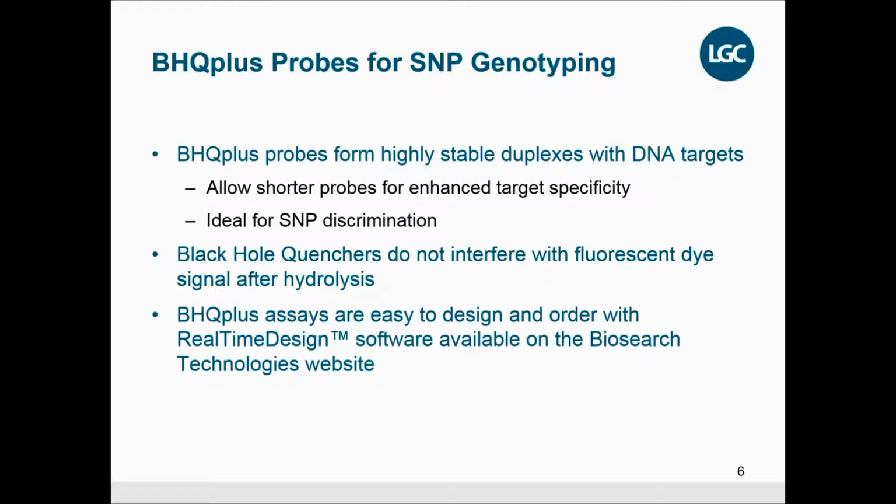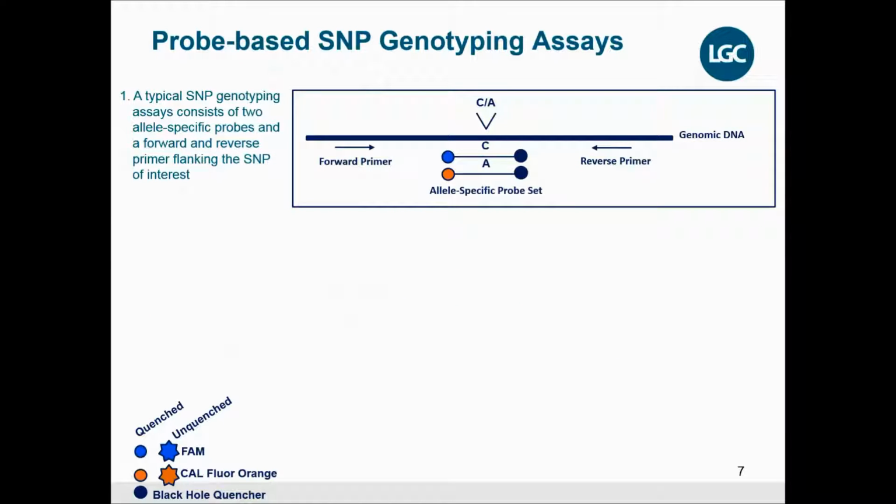They are dual labeled, so they have a fluorophore and black hole quencher, and this black hole quencher does not interfere with fluorescent dye signal after hydrolysis. Another nice feature is the real-time design software offered on the Biosearch Technologies website. This allows users to input their target sequences and get assistance in designing BHQ Plus assays.